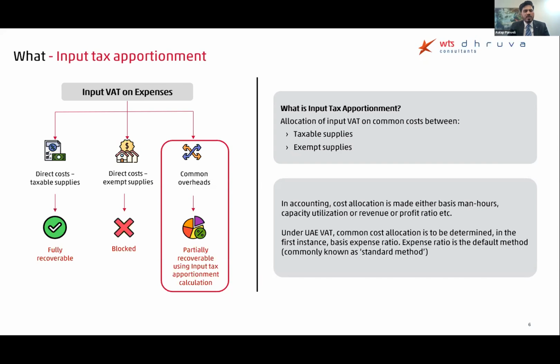And businesses should be able to respond to that. We have changed the apportionment calculation for some of the clients because this query has come and the position has changed. But I think this is a one-time exercise which every business engaged in taxable and exempt supplies should do, and correctly classify the expenses that you generally incur into these three buckets for your apportionment calculation to be correct.